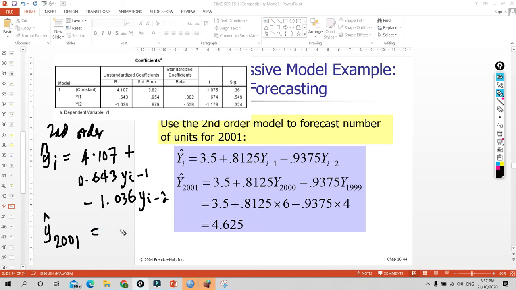So it is equal to 4.107 plus 0.643 times y, where yi minus 1 means the year one step behind, or the previous year, so y for 2000, minus 1.036 times the value for two years behind, which is y for 1999.